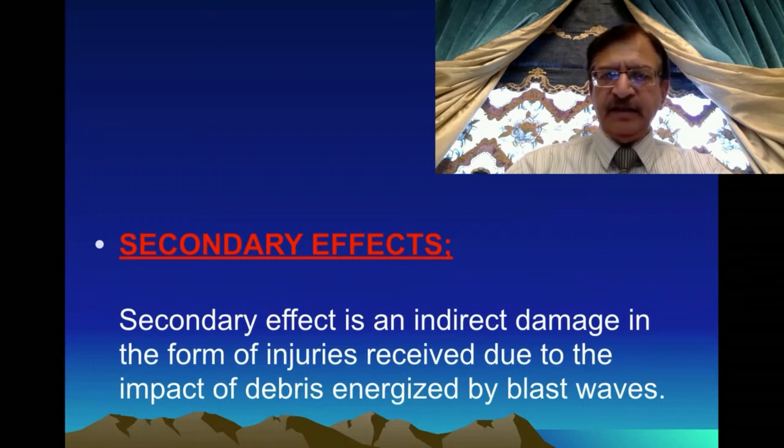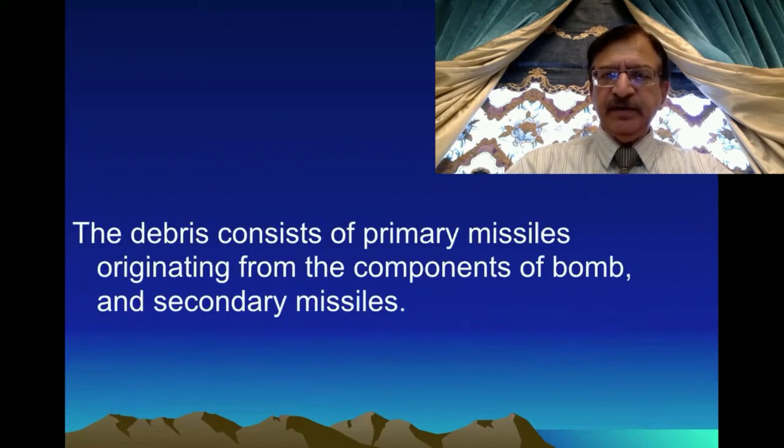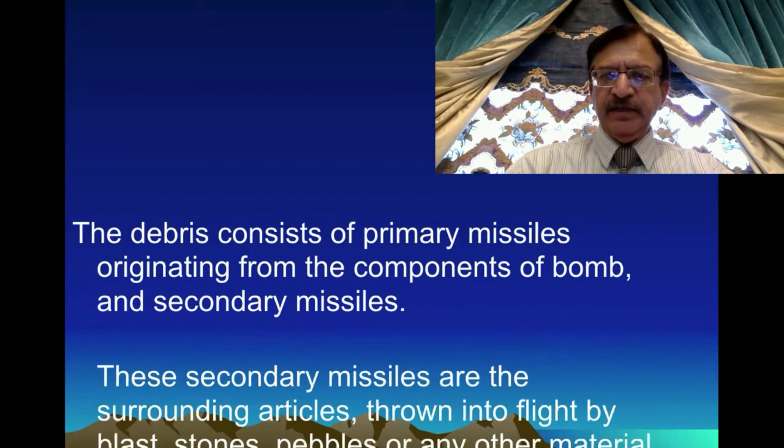And these debris strike and produce the secondary effects. The debris consists of the primary missiles originating from the components of the bomb, and the secondary missiles. The secondary missiles are the surrounding articles thrown into flight by the blast, which may be stone, pebbles, or any other material.